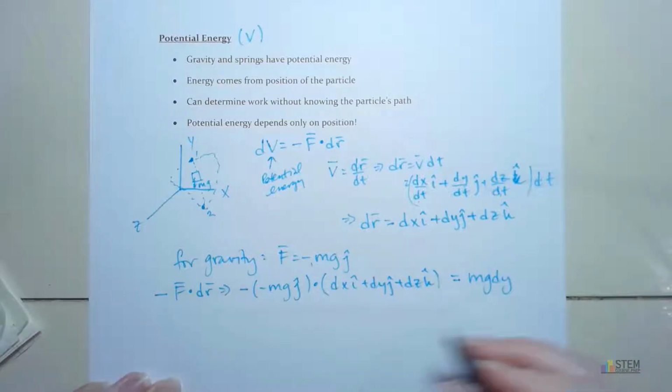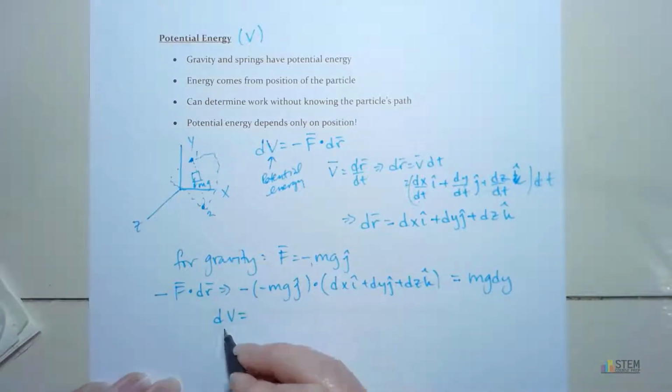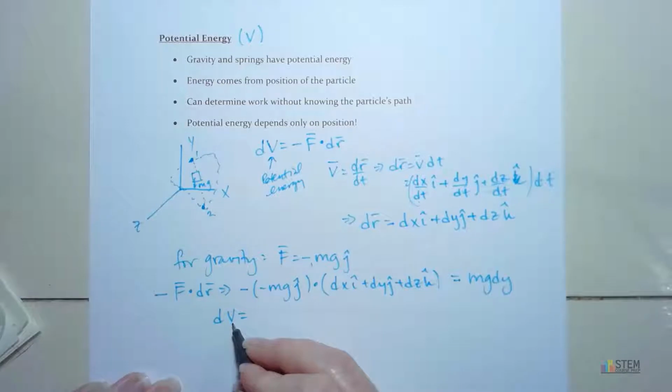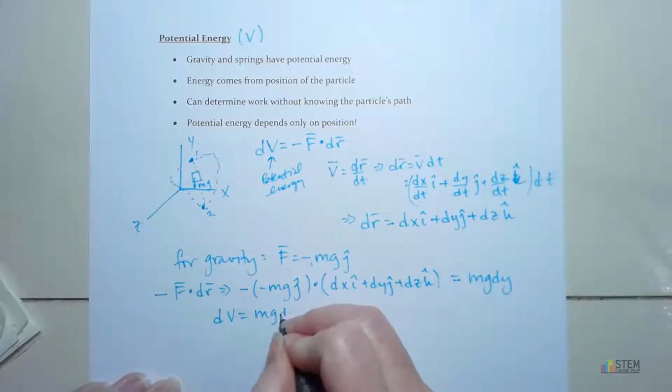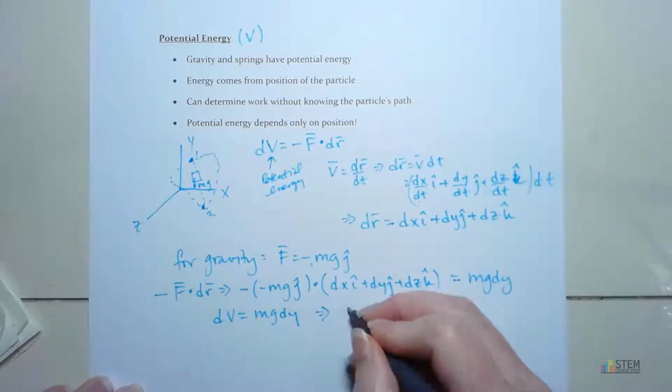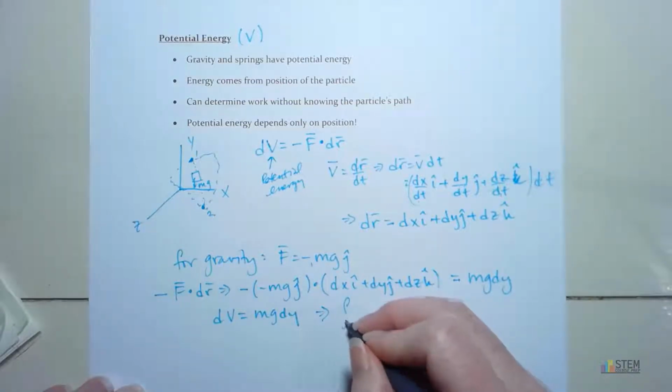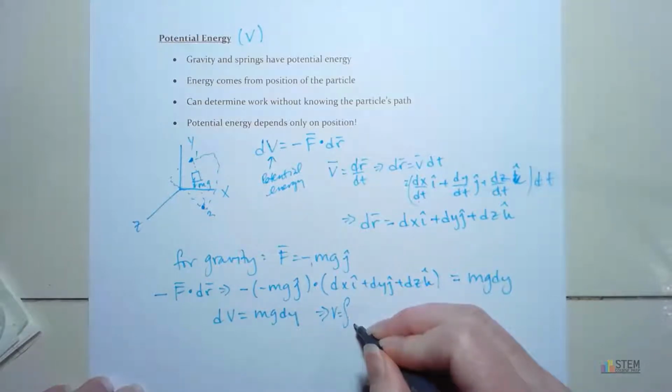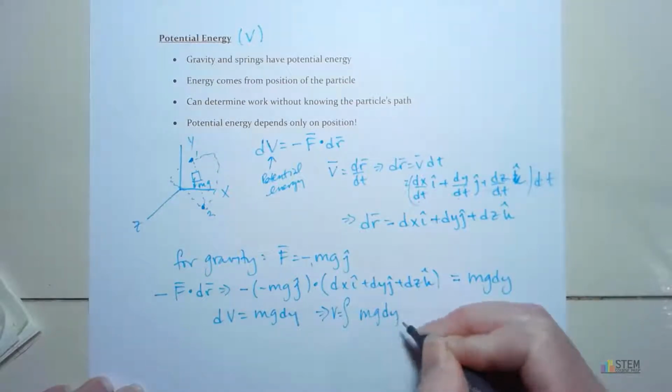Okay, so that means dV, where V here is potential energy, is mg times dy. So now if you notice, we've got a differential over here and one here. So let's integrate both sides. So if we do that, we'll have V, which is potential energy, is going to be the integral of mg dy.